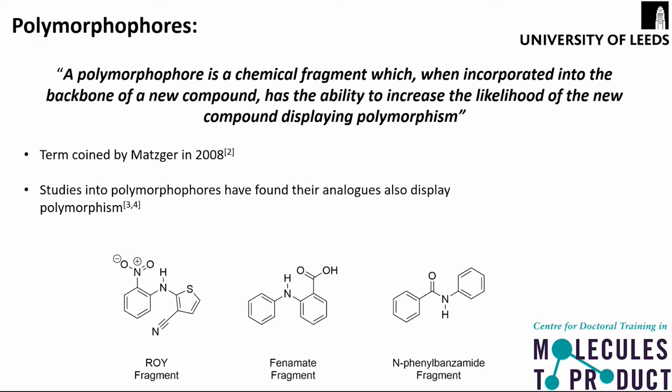There's a great paper by Aurora Cruz-Cabeza, which I assume a lot of people have read, called Facts and Fictions about Polymorphism, and it shatters a lot of the anecdotal assumptions we have about polymorphism within the context of the CSD, which is the biggest data set we have. If you're looking for correlations, you look there. So that's another cool avenue to search, to look for Z prime. I don't know if that was done within that study, but it's certainly something we'll look for within our library.